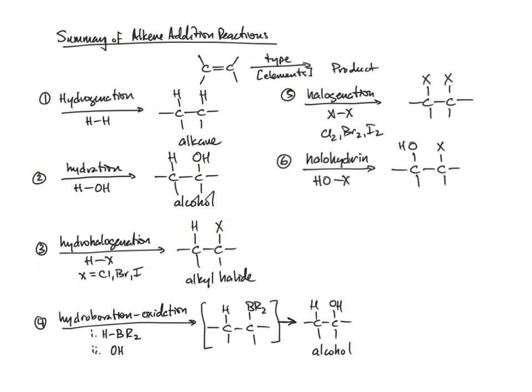So you're ending up with the halo, and this part is the hydrin, it's an alcohol. So it's a 1,2 relationship between an alkyl halide and an alcohol. The difference between conditions 5 and 6 is that you run 6 with a protic solvent, 5 you do not.